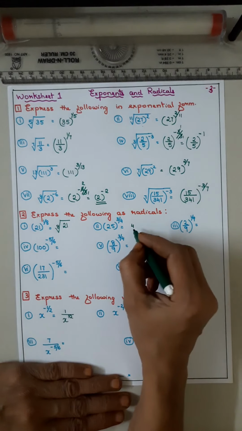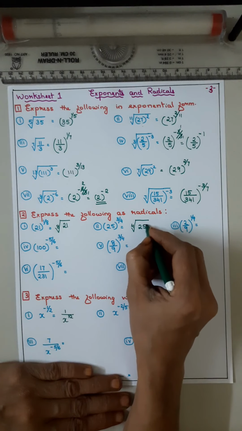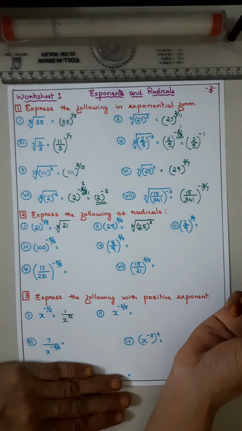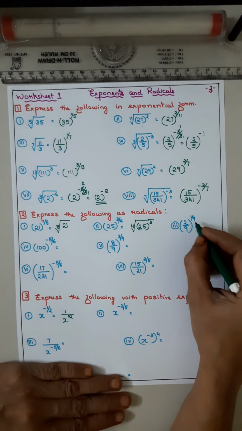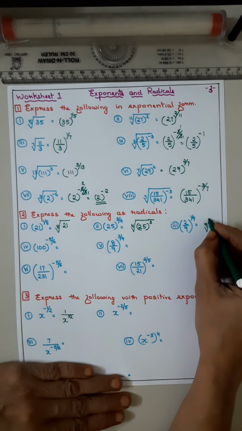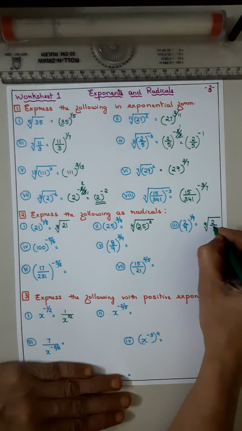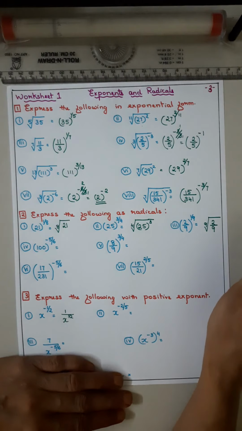Write first the 4th root of 25 to the power 3. Now 2 by 9, isn't it? Now the denominator in the power is 9. So the 9th root of 2 by 9. Power is 1, so don't write it.